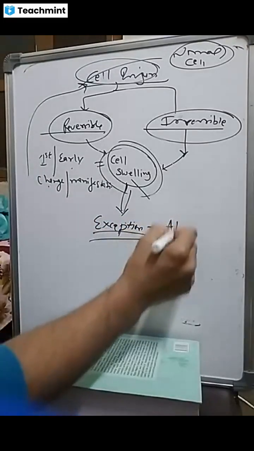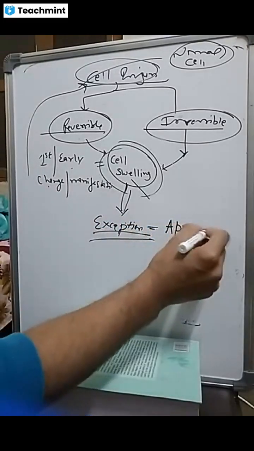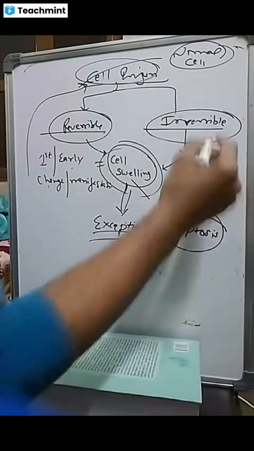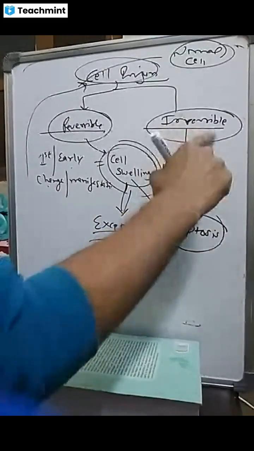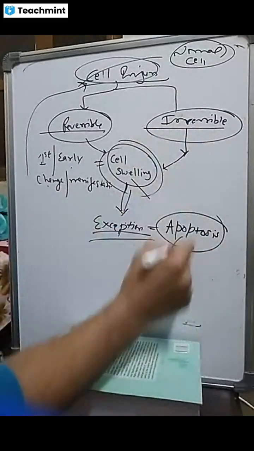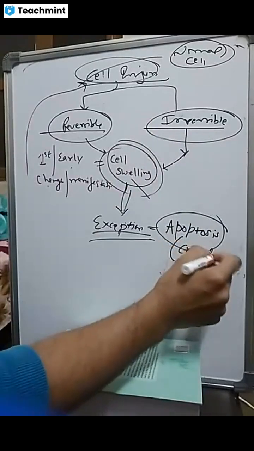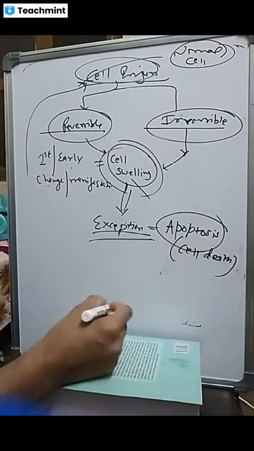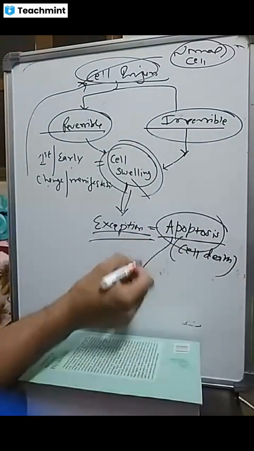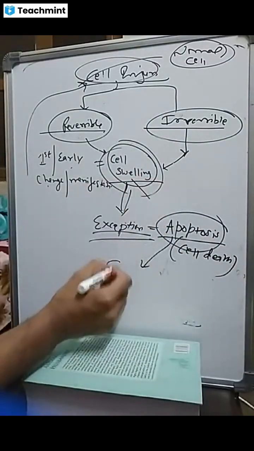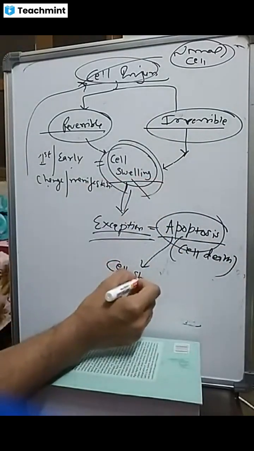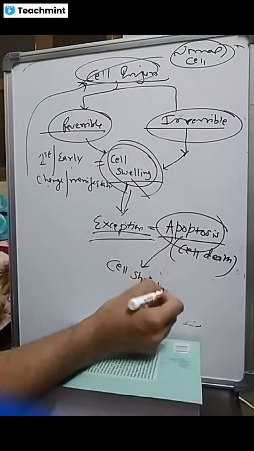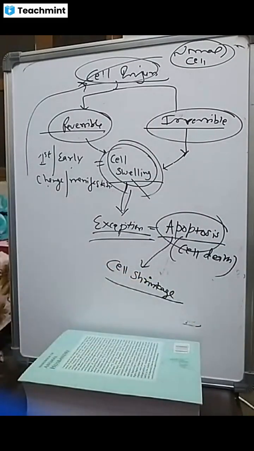The exception is apoptosis. Apoptosis is a kind of irreversible cell injury. It is a kind of cell death. But in apoptosis, there is no cell swelling. There is cell shrinkage.